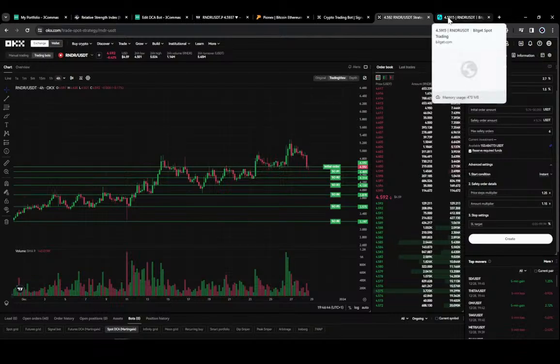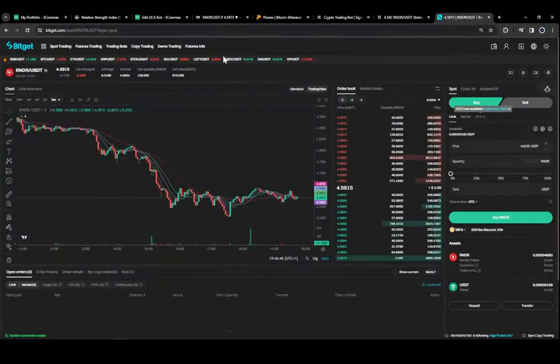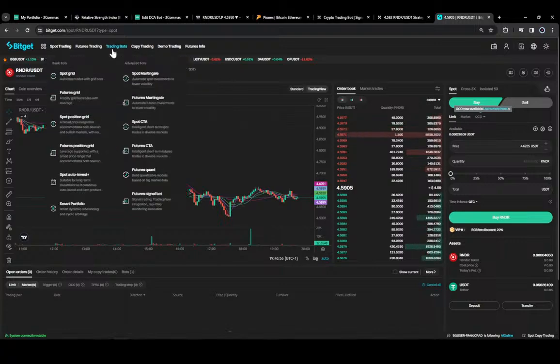Let me then finalize this demonstration with Bitget. That's another exchange, one of the top 5, as we have seen in my previous videos. And again, the interface is quite standard for all of these exchanges. We go to the top menu, we find the trading bots. We're looking for martingale.